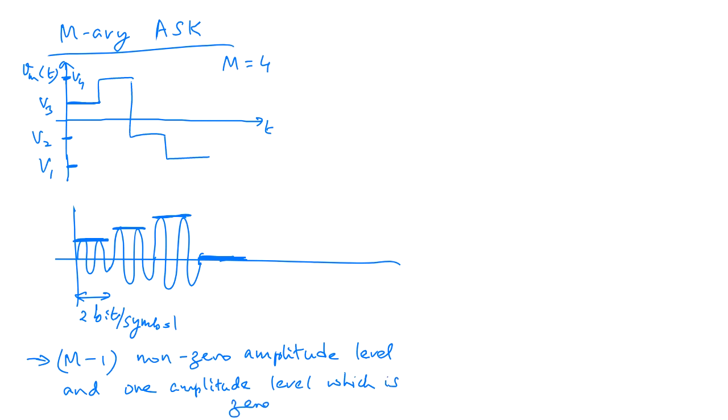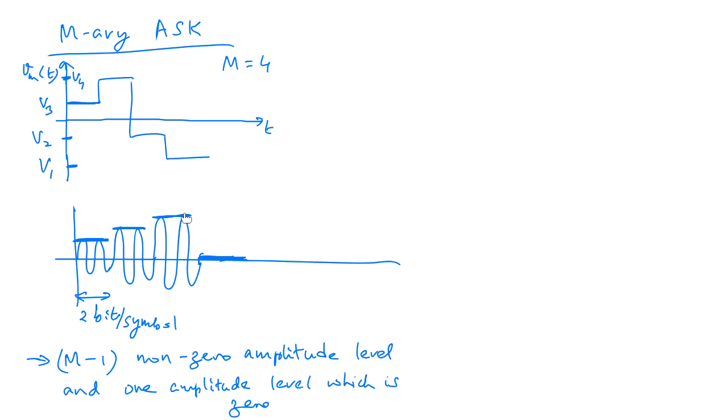Okay, so if you notice here in this example we have m equal to 4, and for this m equal to 4 we have one of the symbols represented by a 0 voltage level of the modulated carrier, and the remaining m-1, that is 4 minus 1, are represented by non-zero amplitude levels.